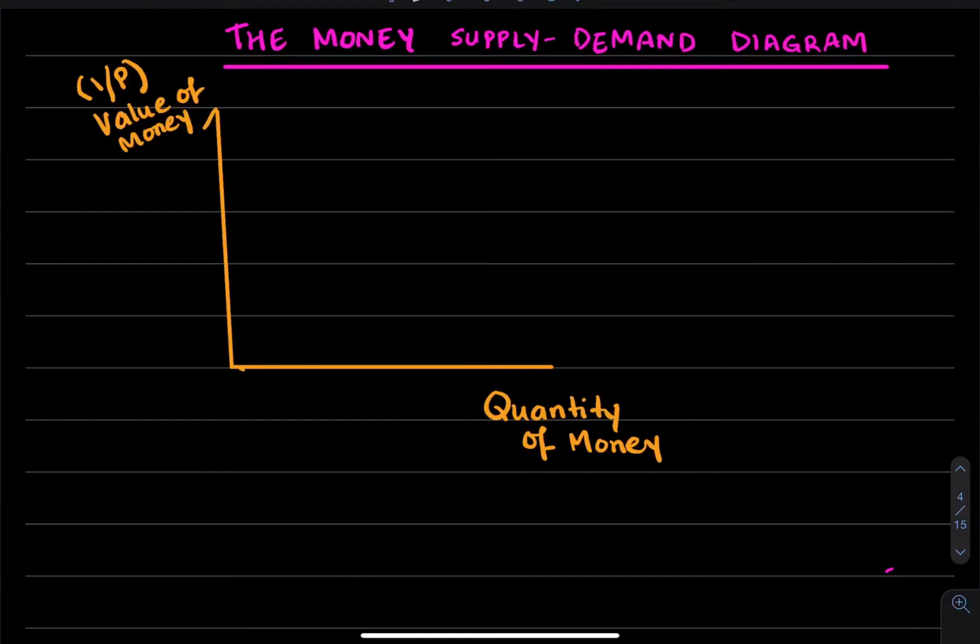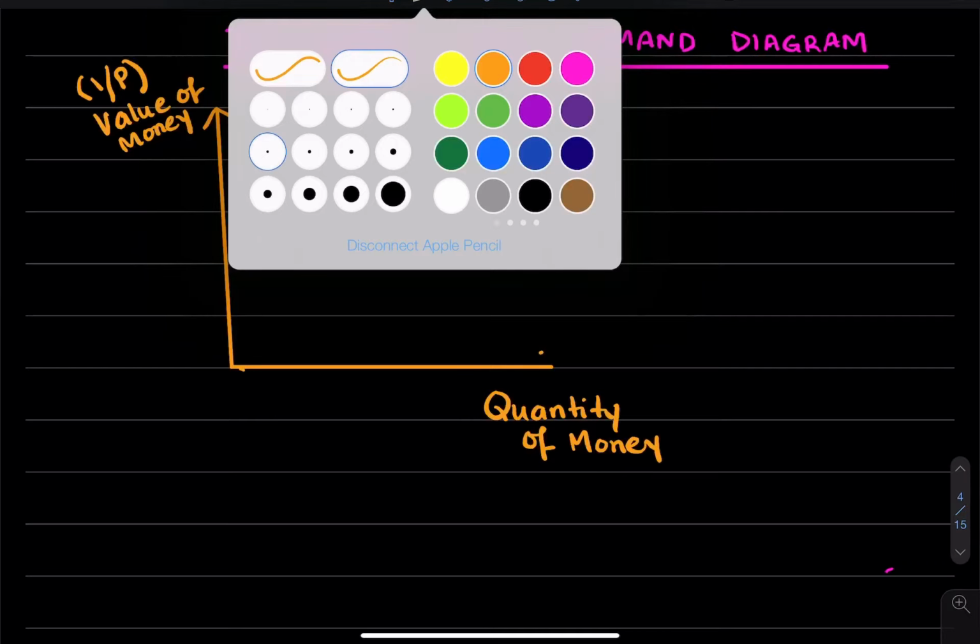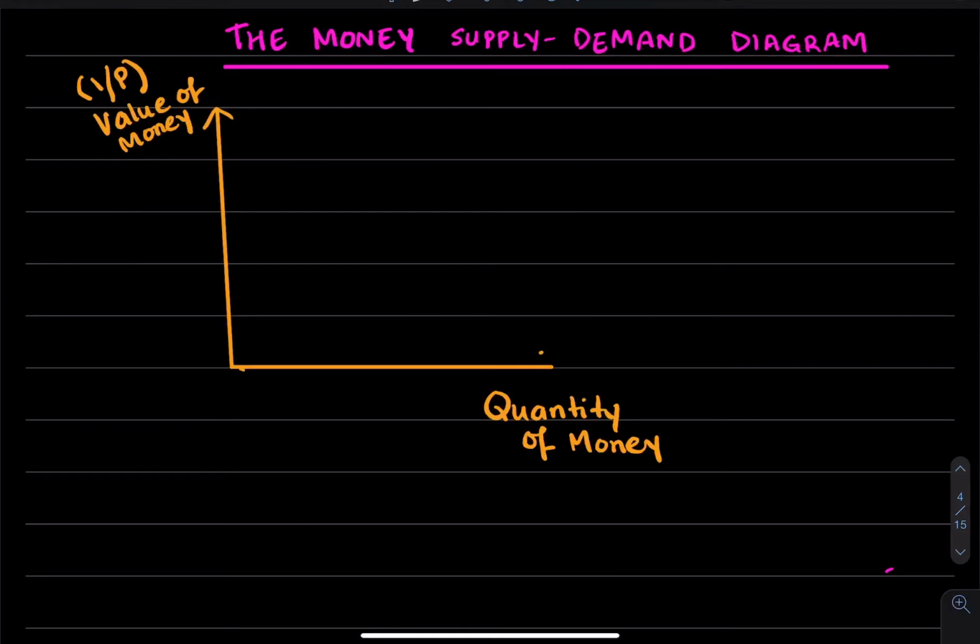Okay, so we have our vertical axis and we have our X-axis. I'm not going to draw an arrow on the X-axis, but I want to put something that would help us here. So I'm going to put price level here. I'm going to draw another axis here, which is going to measure the price level, P.